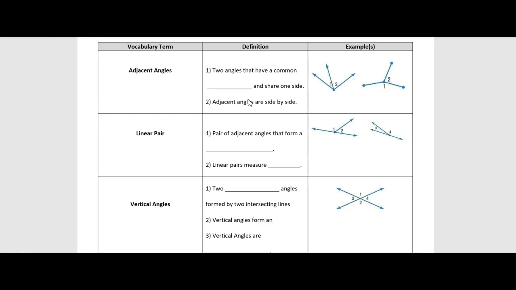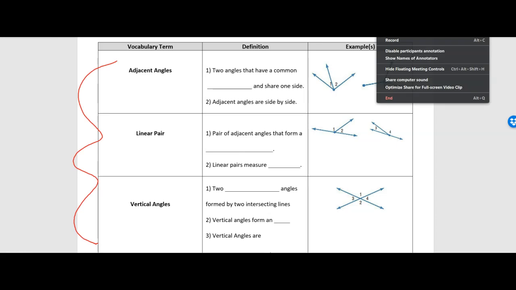They have to be adjacent and they have to form a line. Same thing with vertical. They have to be opposite one another. They have to share the same vertex. And adjacent angles, they share a side and a vertex. So these first three categories deal with the angle's orientation or the angle's position.